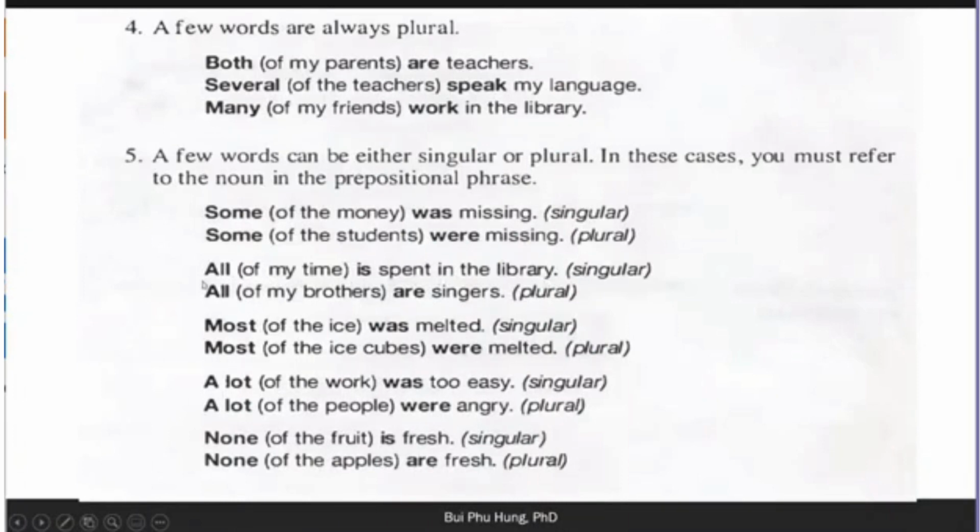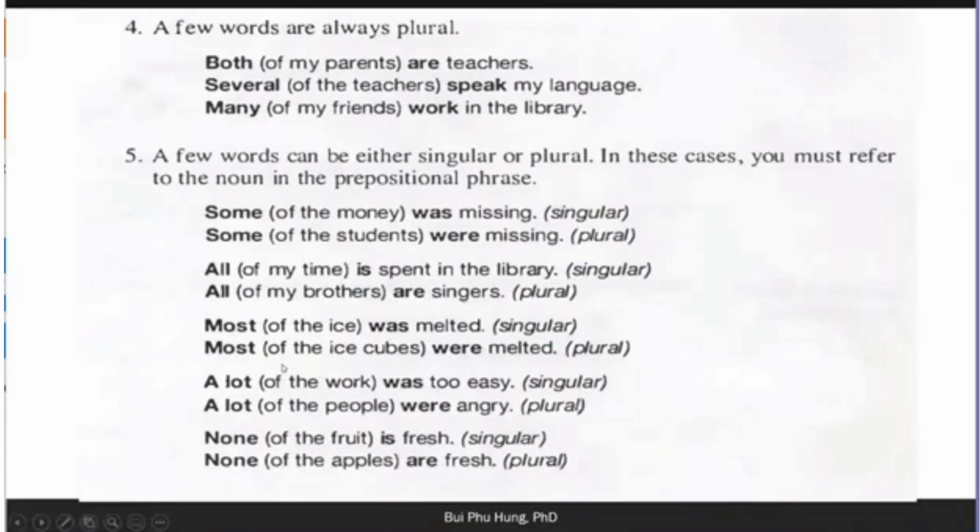So, time is uncountable, singular, and all is singular. Brothers is countable, plural, and all is plural. Most of the ice was melted. Ice is an uncountable noun, so most is singular.